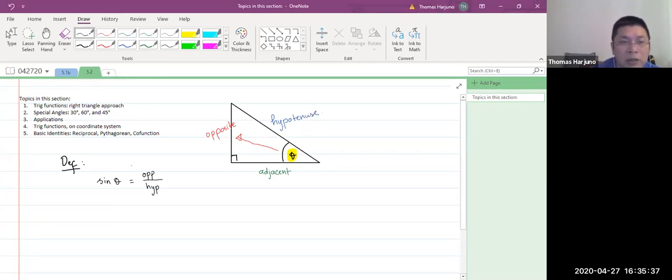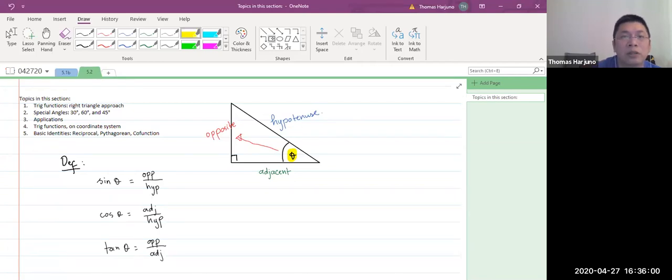Sine theta is the opposite over the hypotenuse. Cosine theta is the adjacent over the hypotenuse. And then tangent theta is defined to be the opposite over the adjacent.